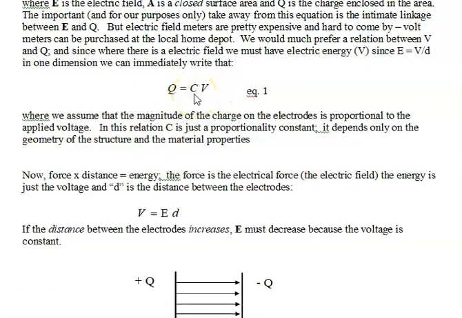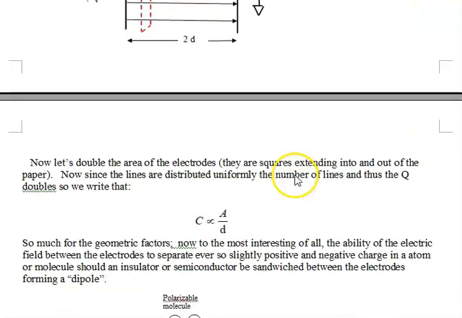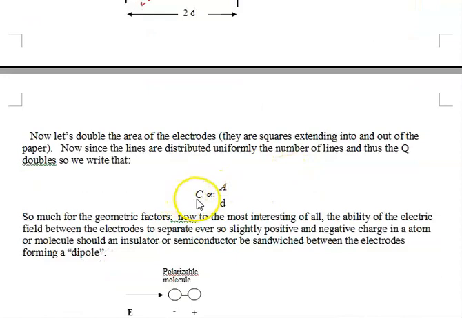It doubles. So we come to the conclusion, hopefully it's reasonable, that the capacitance is proportional to the area of the electrodes for a parallel plate capacitor, inversely proportional to the distance between them. Okay, so that's the geometric factors.